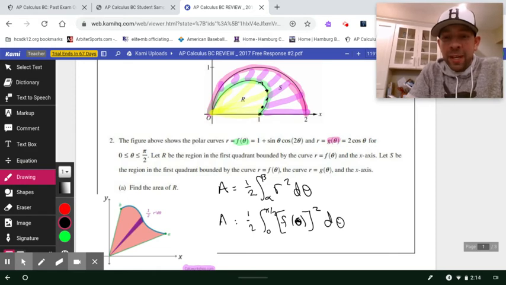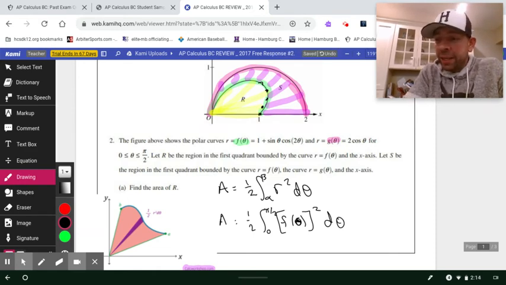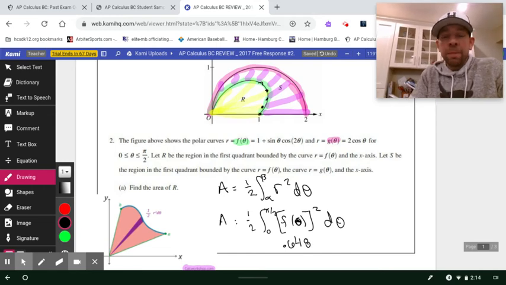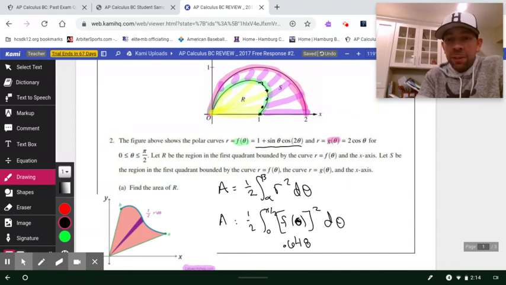Don't forget your squared sign. And we're going to pump that into our calculator to get 0.648 as our answer. Now, the irony here is, even though it's a polar question, your calculator does not need to be in polar mode unless you are going to graph these functions, okay?